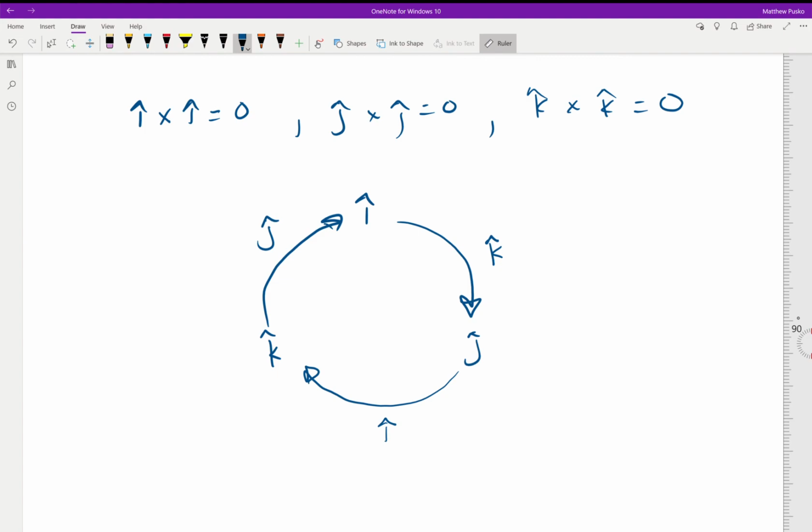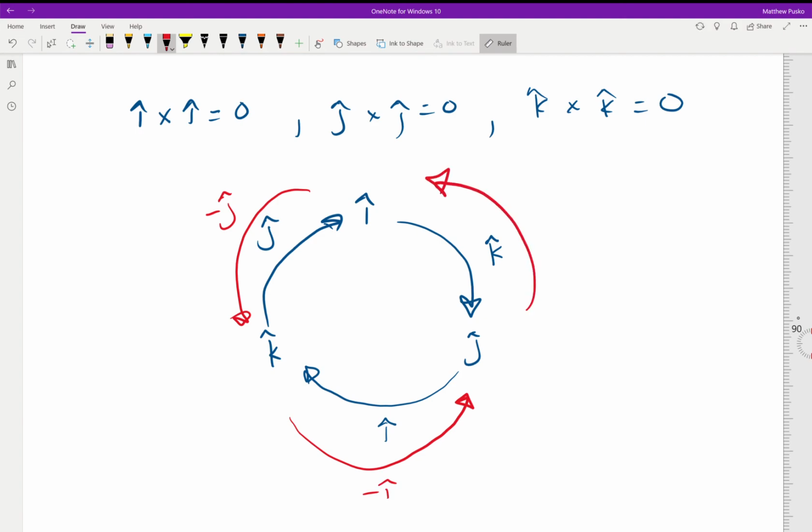If I cross I into K, I get negative J. If I cross K into J, I get negative I. And J into I, guess what? I get a negative K. So we can say A crossed into B is equal to negative B crossed into A.